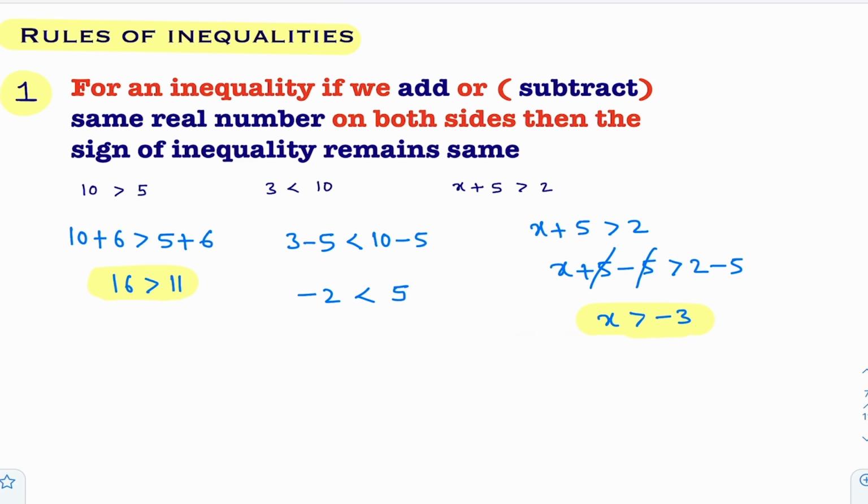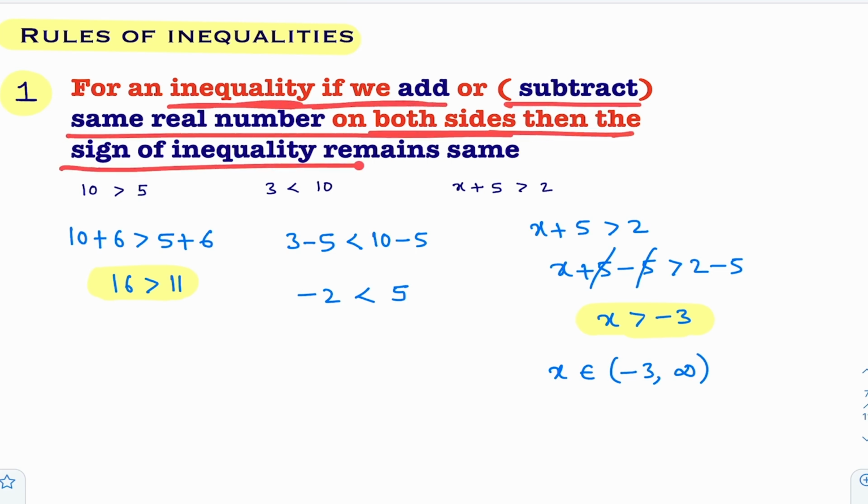If you want to write this in interval form, how will you write? x belongs to the open interval minus 3 to infinity. Now, what did you learn? Rule number 1. What is rule number 1? For an inequality, if we add or subtract the same real number on both sides, the sign of inequality remains the same.